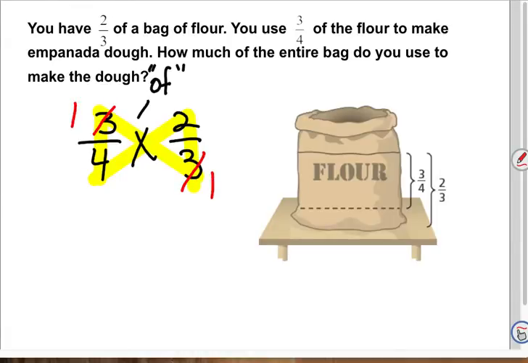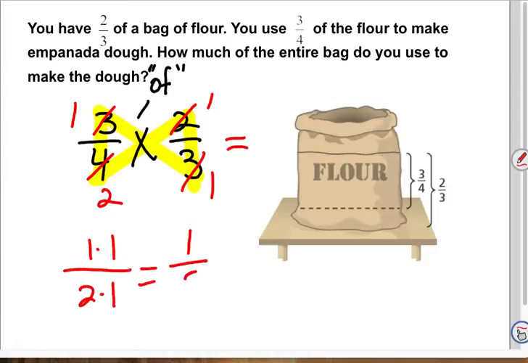What can I take out of the 2 and the 4, Raiden? The 2 would go into itself once. Okay, 2 divided by 2 is 1, and into the 4? 2 times. Now, if I multiply straight across, I have 1 times 1, and I have 2 times 1, which is the same thing as 1/2.